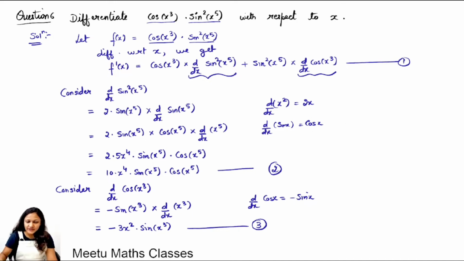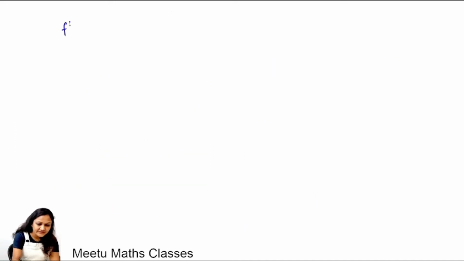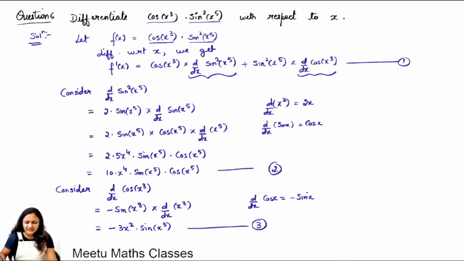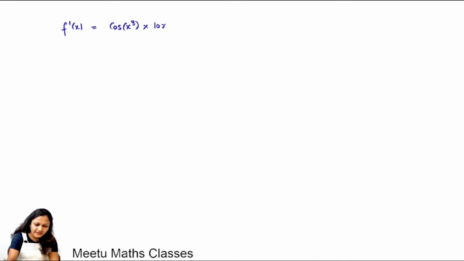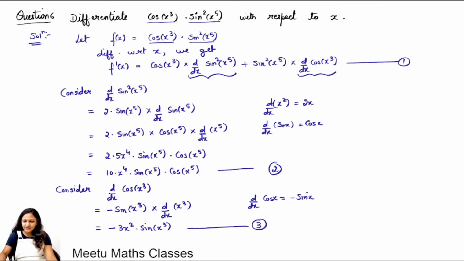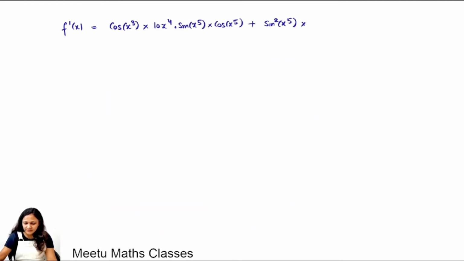Now combining 1, 2 and 3, we will get the derivative of f(x) is cos x³ multiplied by the derivative of (sin x⁵)², which is 10x⁴ sin x⁵ cos x⁵, plus (sin x⁵)² as it is multiplied by the derivative of cos x³, that is minus 3x² into sin x³.